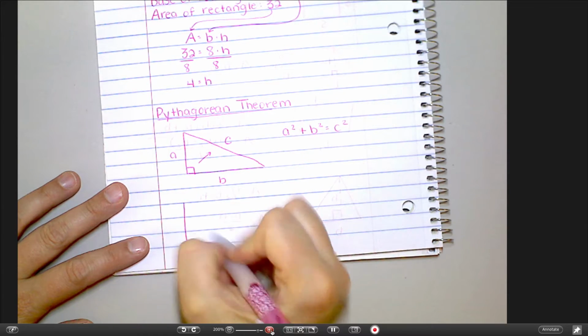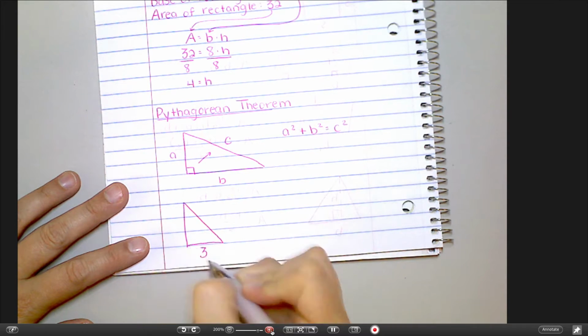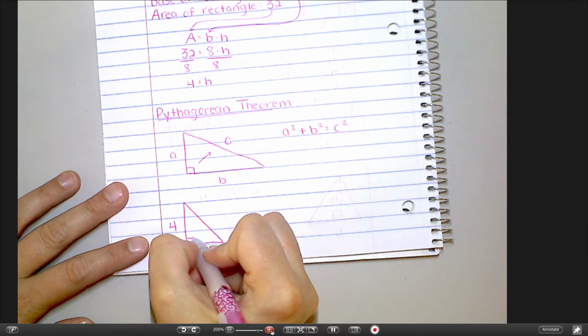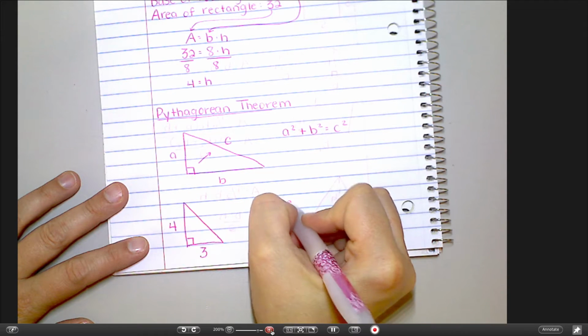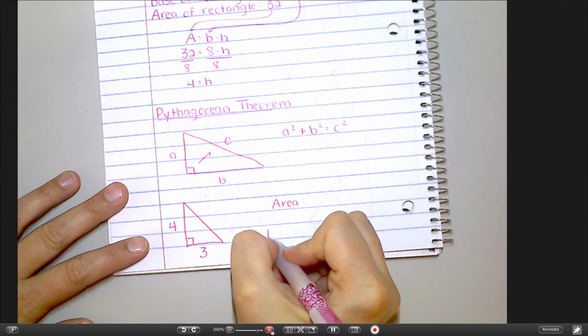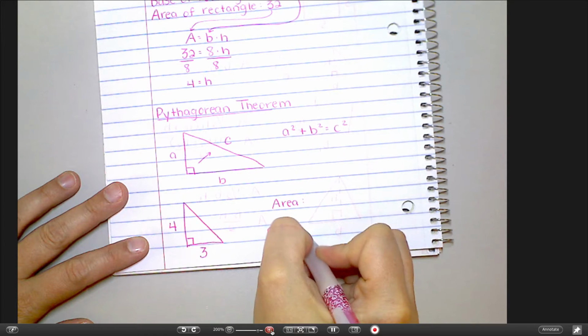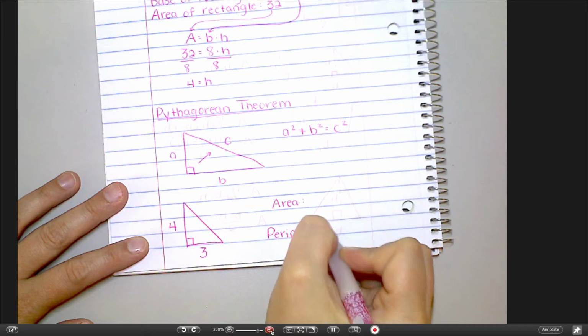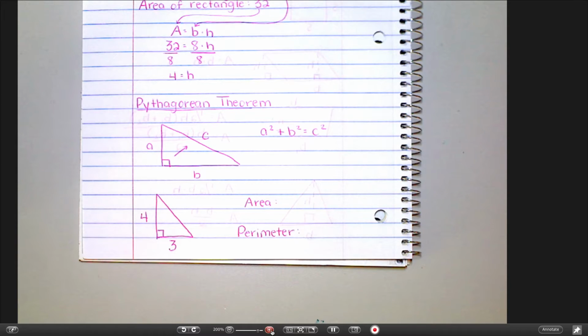Okay? So if I gave you this triangle, let's say, and I'm going to say this is 3 and this is 4, and I want the area and perimeter. Okay, area and perimeter. What are you going to do for area of that triangle? How do you do area of a triangle?